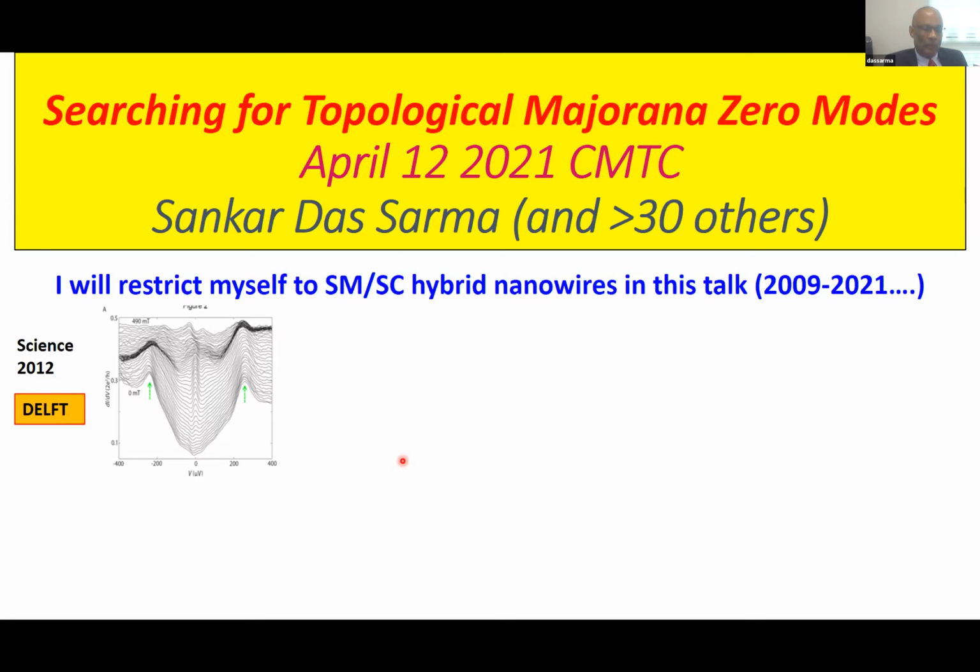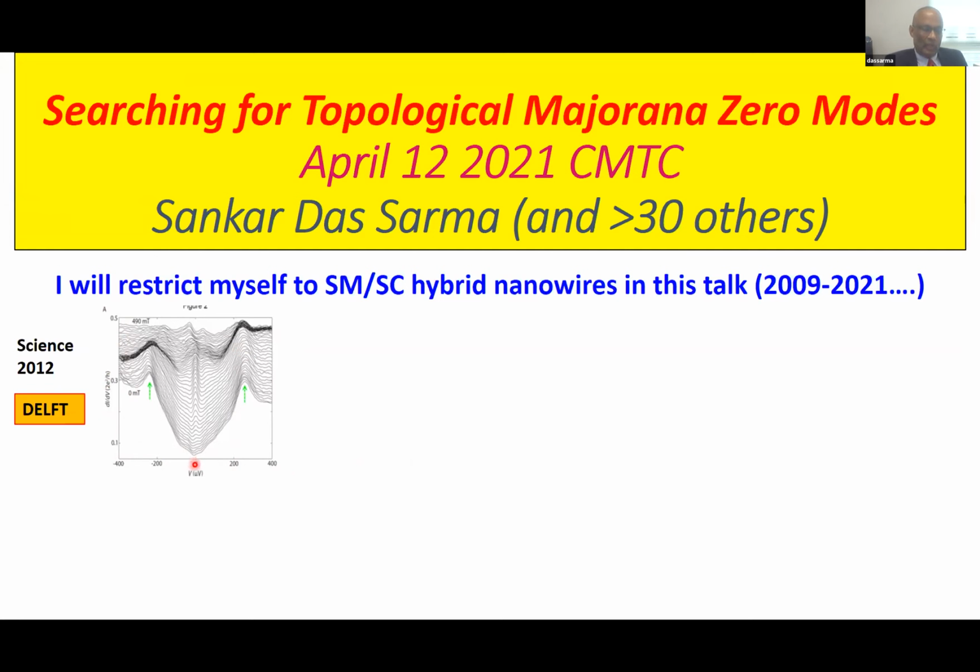This is the very famous paper from Leo Kouwenhoven's group, Mourik et al., in Science. What you are seeing is tunneling conductance plotted against bias voltage. Each line represents a different magnetic field. Usually in a superconductor, nothing good happens when you apply a magnetic field; everything just disappears.